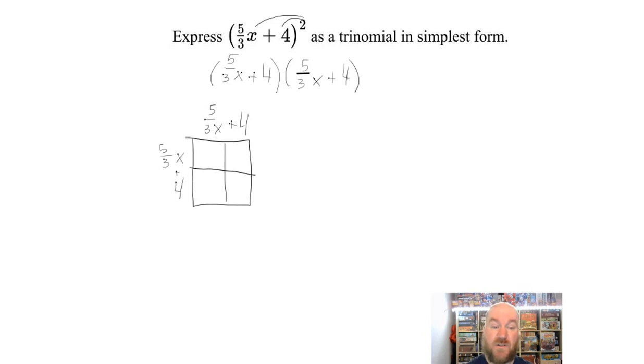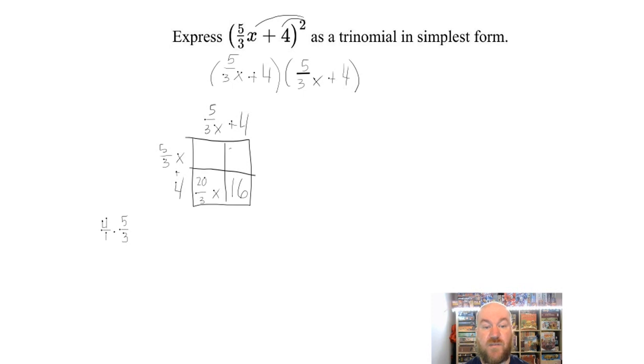All right, let's multiply. I'm going to start with the easiest one. 4 times 4 is 16. 5/3 x times 4. Now 4 is actually 4 over 1. And when you multiply fractions, you just multiply the tops times the tops and the bottoms times the bottoms. So 5 times 4 is 20, and 3 times 1 is 3, so this will be 20/3 x.